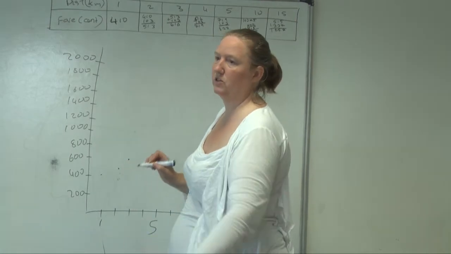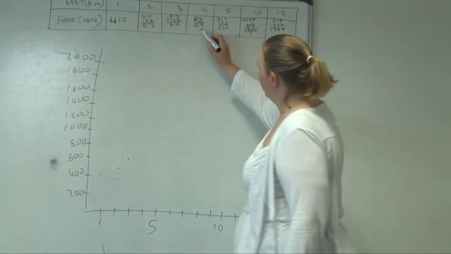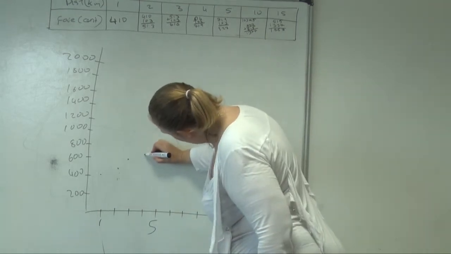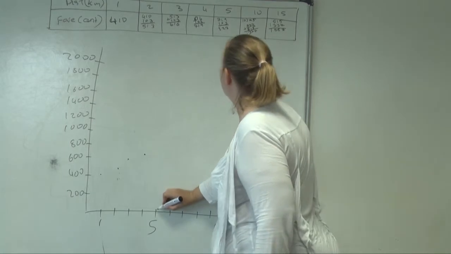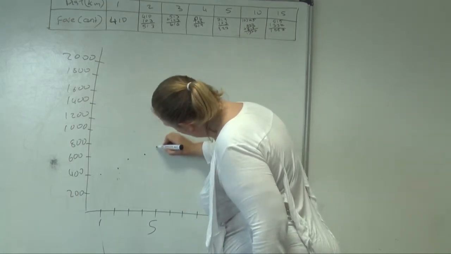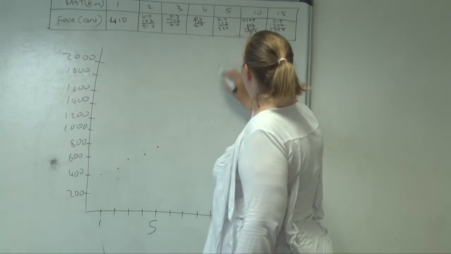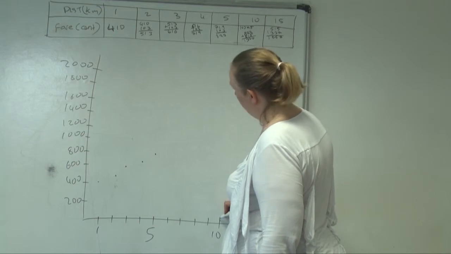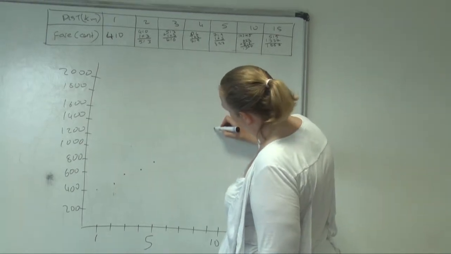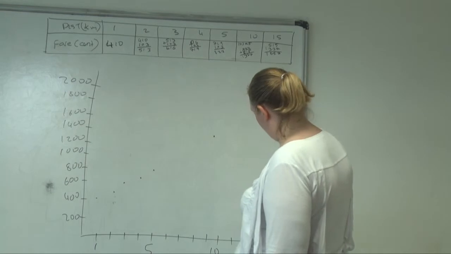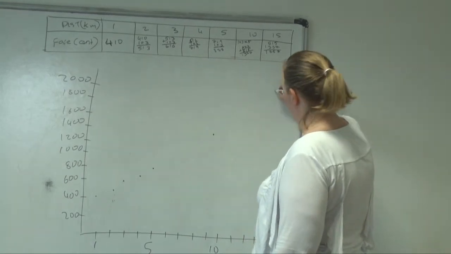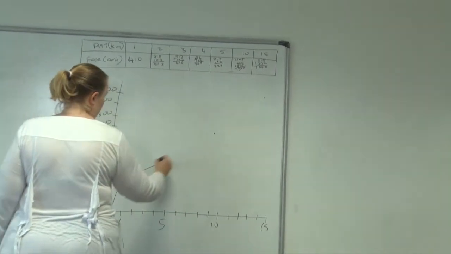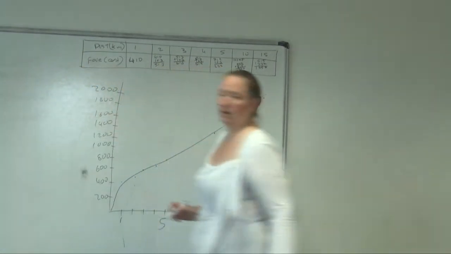You use rulers and don't hand guess it like I am. 4 is 719, about there. 5 is 822, so it's above the 8. 10 is 1337, so that's up here somewhere. And 15 is 18 something, so that's up here somewhere. Okay, and you start from there and you connect your dots and you get your graph.